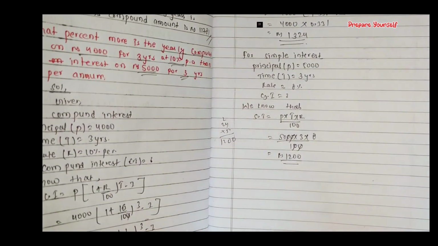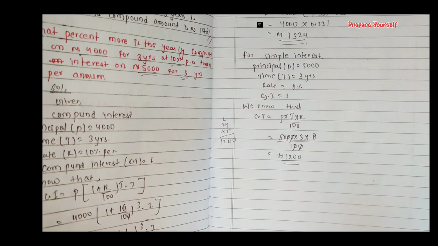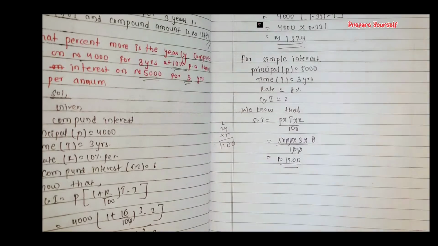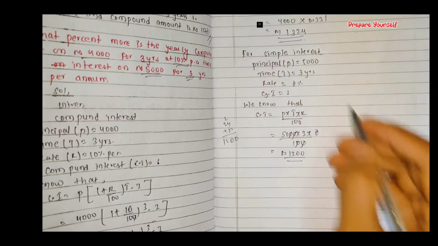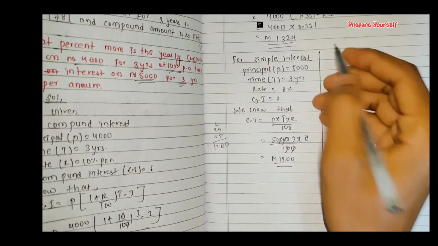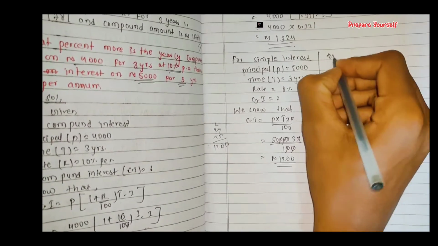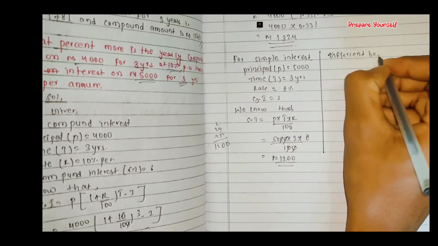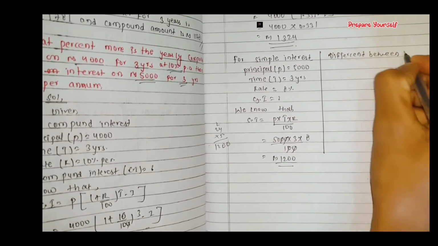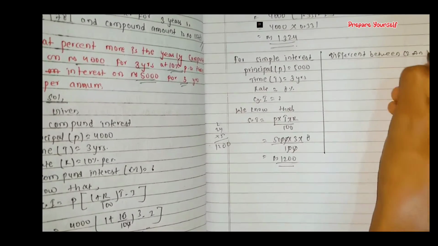So here the simple interest is 1200 and the compound interest is 1324. Yes, so now again we have to find by what percent more is the yearly compound interest, meaning we have to show the comparison. So first you have to find the difference between CI and SI.